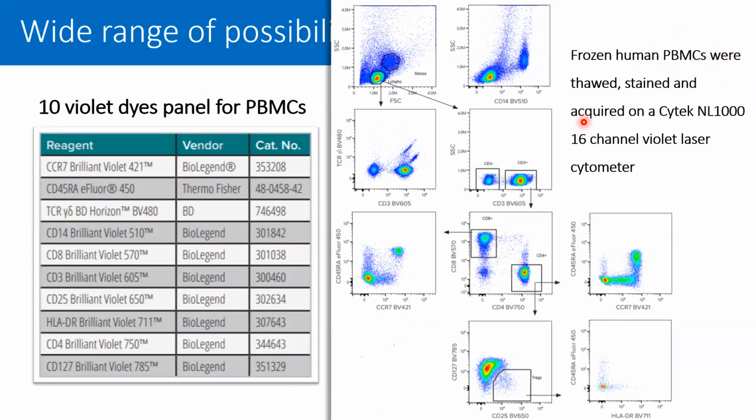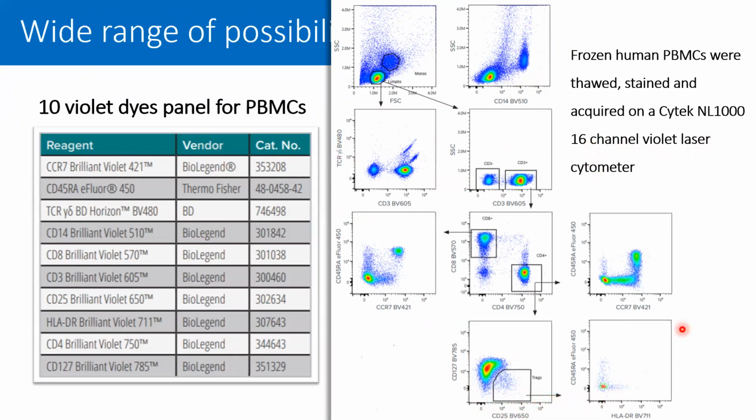This sample was run on the Northern Lights that has only one laser, in this case a violet laser, and 16 fluorescent channels. And look how nicely the monocytes are differentiated, and how nicely the TCR gamma delta T cells come up, and all the other cell populations, the Tregs, how nicely they are resolved here and can be further analyzed.